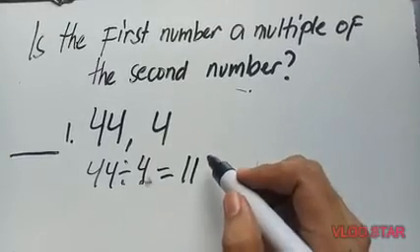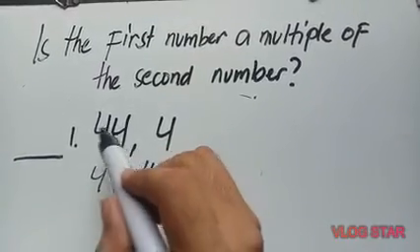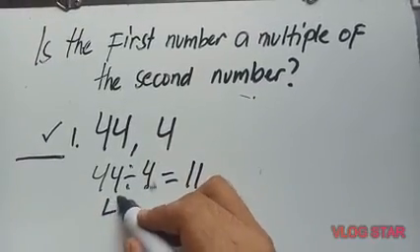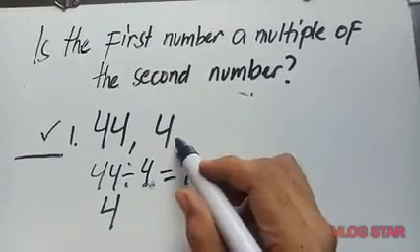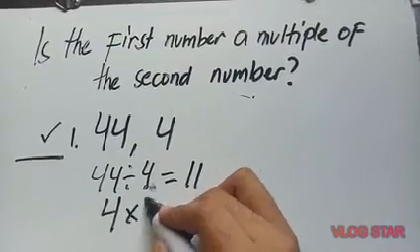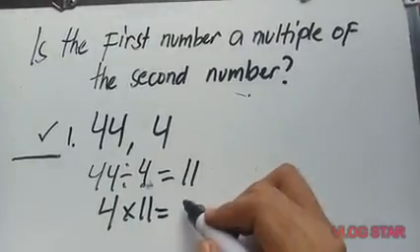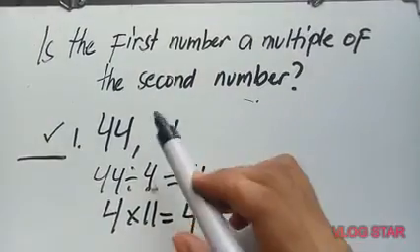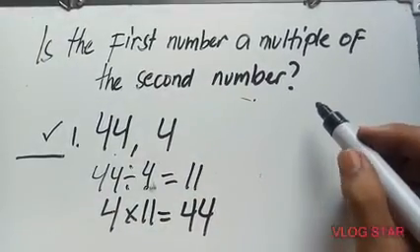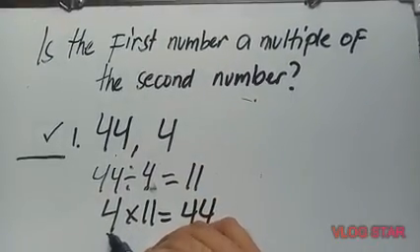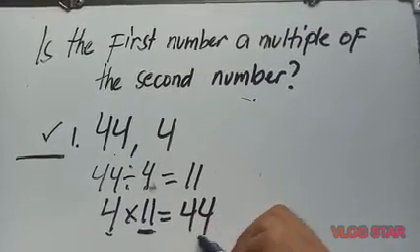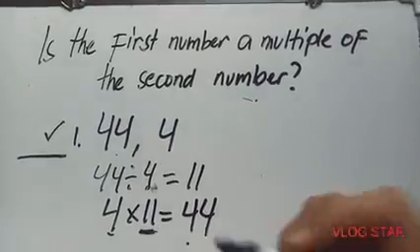So it means that 44 is a multiple of 4. And one way is, think of a number that when you multiply to 4, the answer is 44. So 4 times 11, the answer is 44. So 44 is a multiple of 4 because when you multiply it to a counting number, the answer is 44.